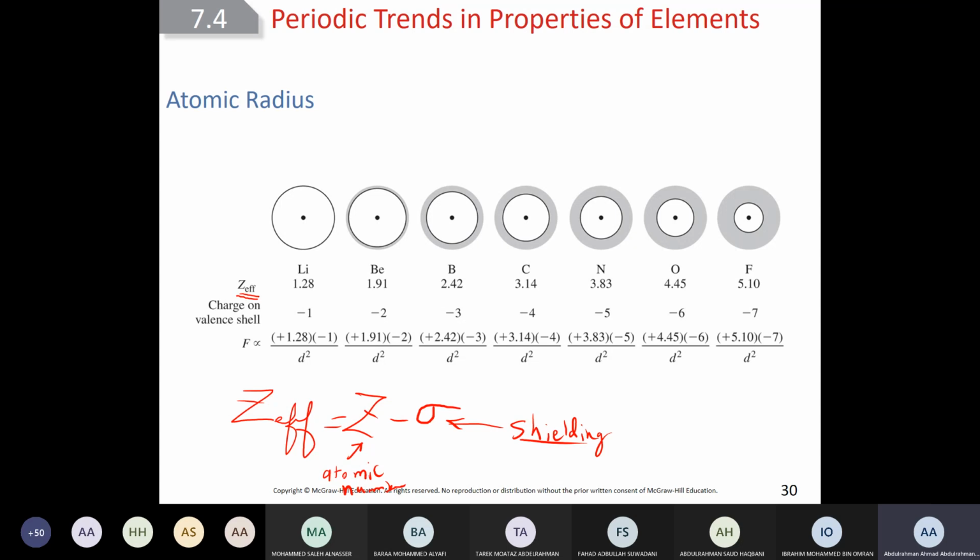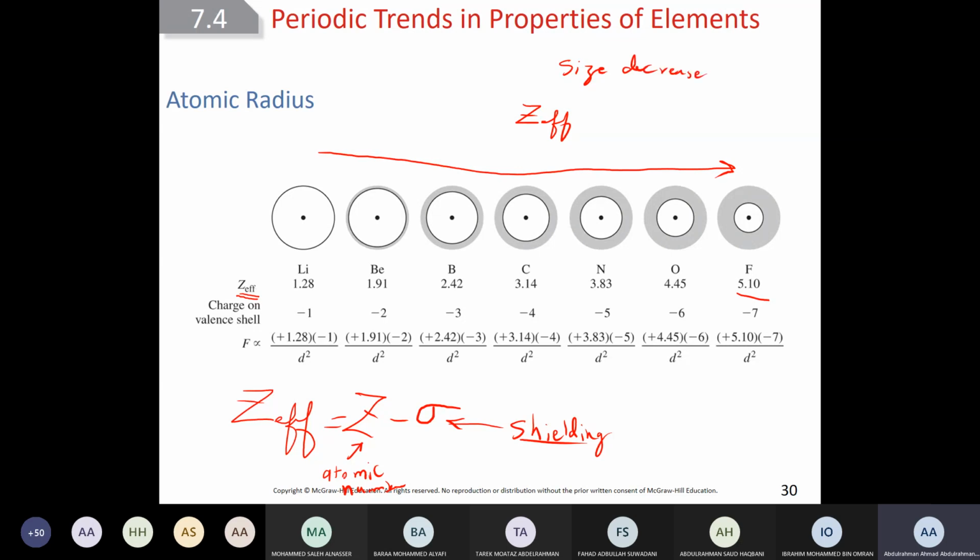And we said that as you go across the periodic table, what's happening to Z effective? Increases. As a result, what happened to the size? Decrease. So size decreases.